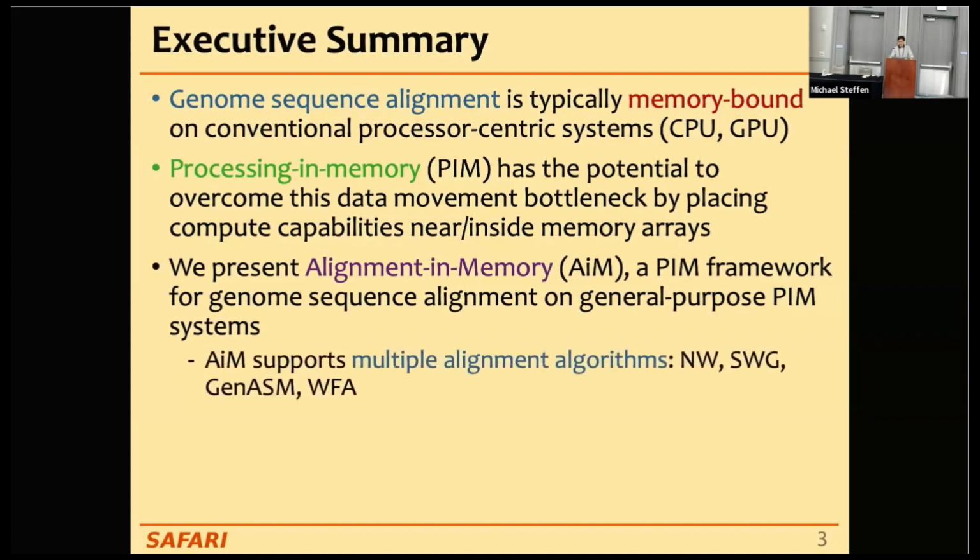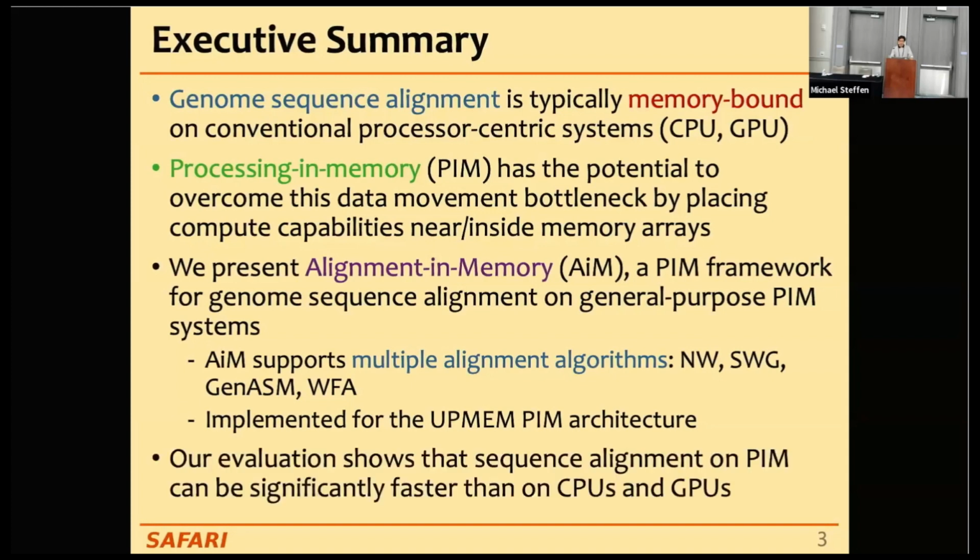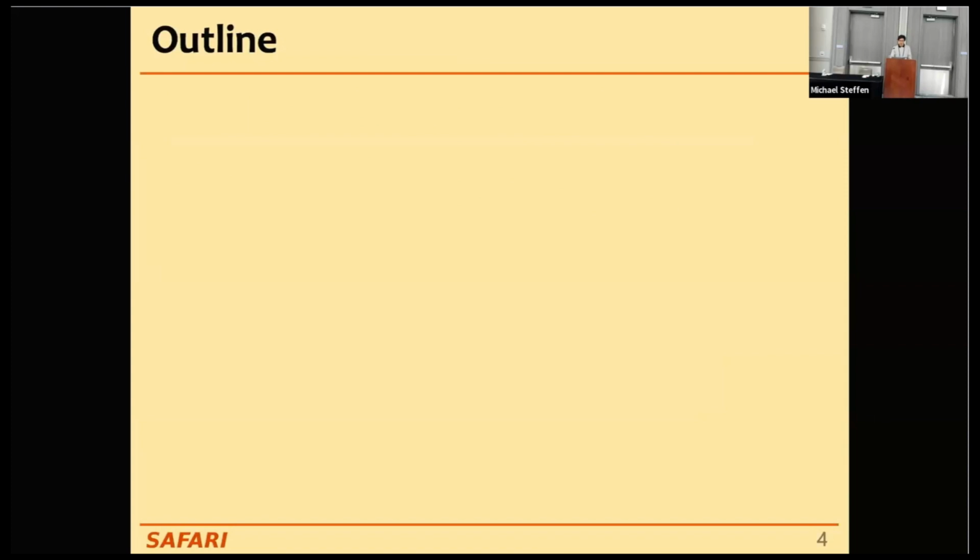AIM supports multiple alignment algorithms like Needleman-Wunsch, Smith-Waterman-Gotoh, GenASM, and the wavefront algorithm, and it's implemented for the UPMEM PIM architecture. Our evaluation, as you will see, shows that sequence alignment on PIM can be significantly faster than on CPUs and GPUs.